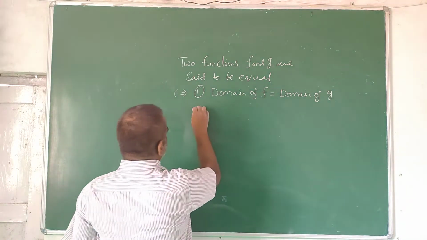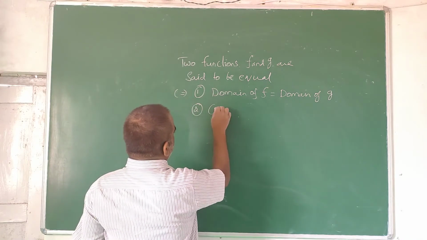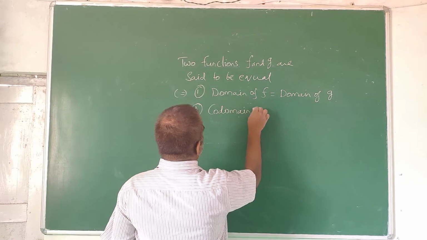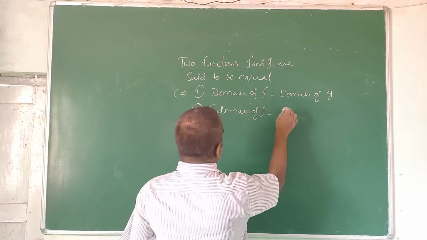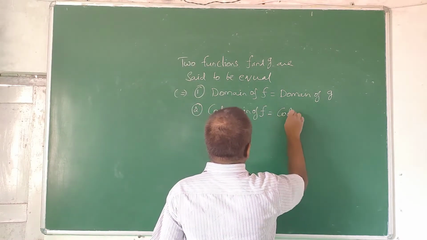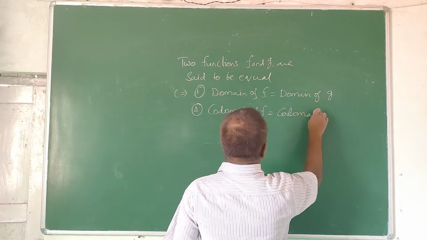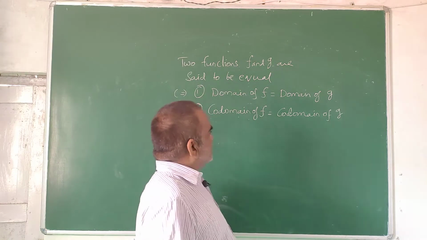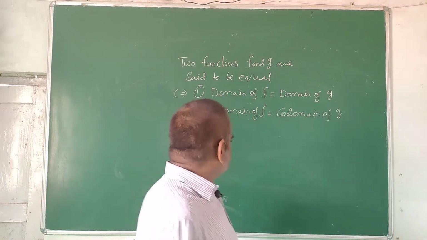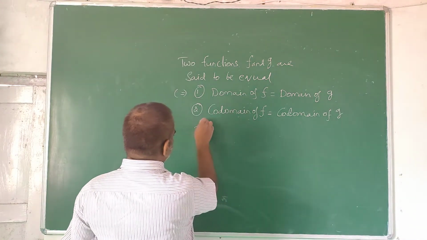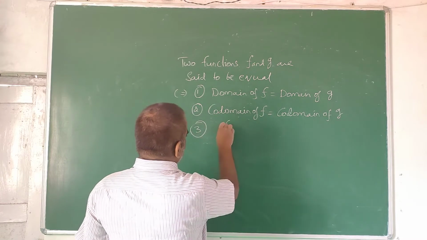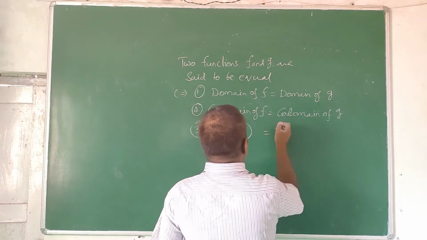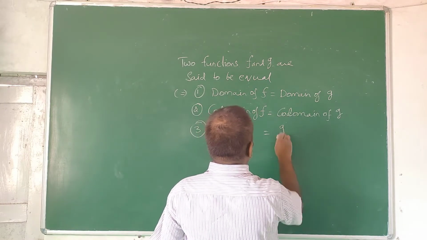Second, codomain of f equal to codomain of g. And at last, the values of the functions at each point must be the same.